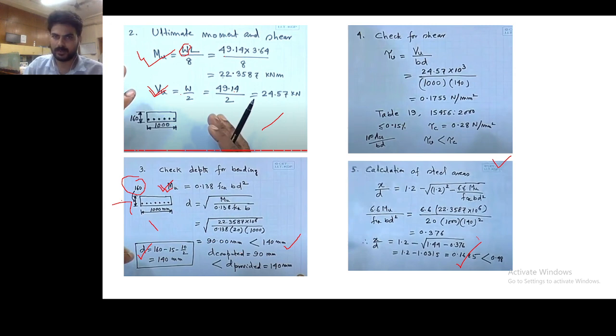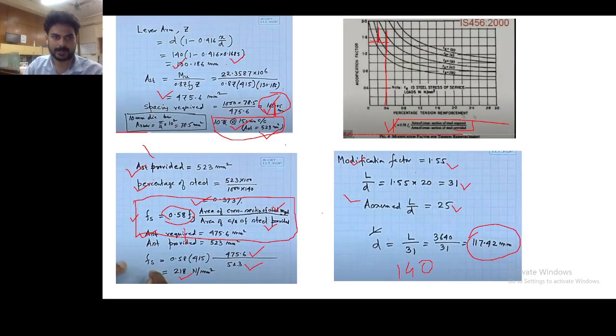Then we check for shear, and then we calculate x by d. X by d is used to calculate the lever arm. Then the lever arm is used to calculate AST.